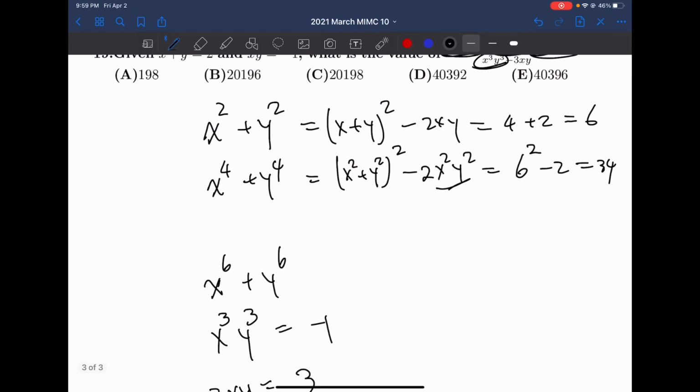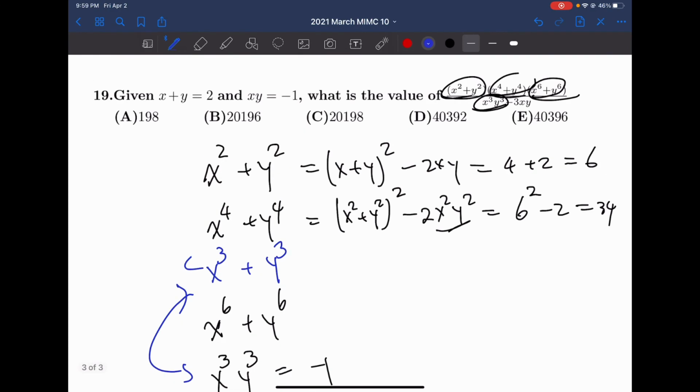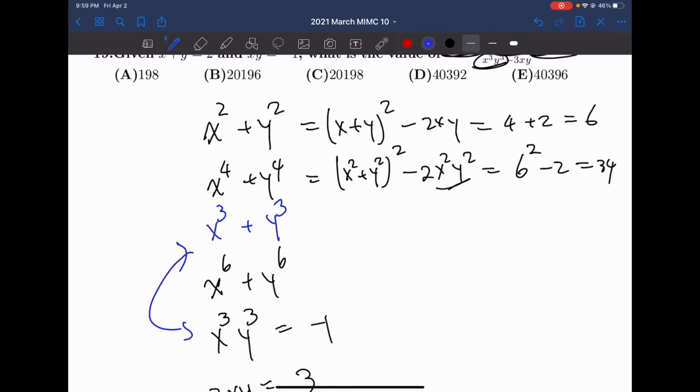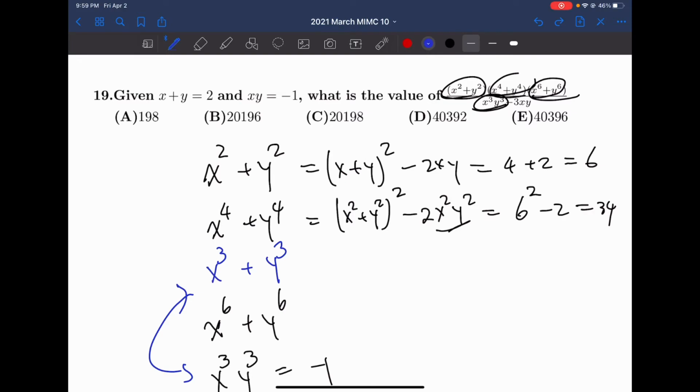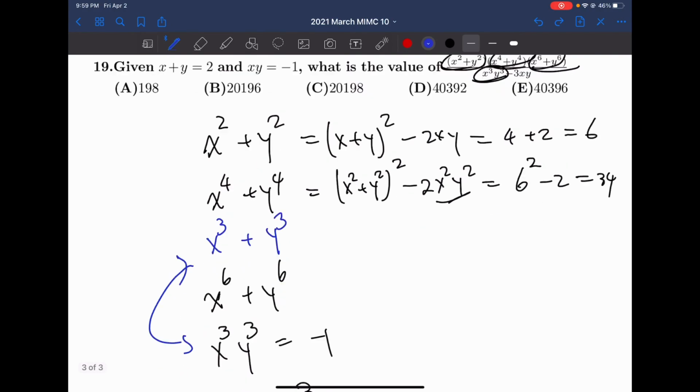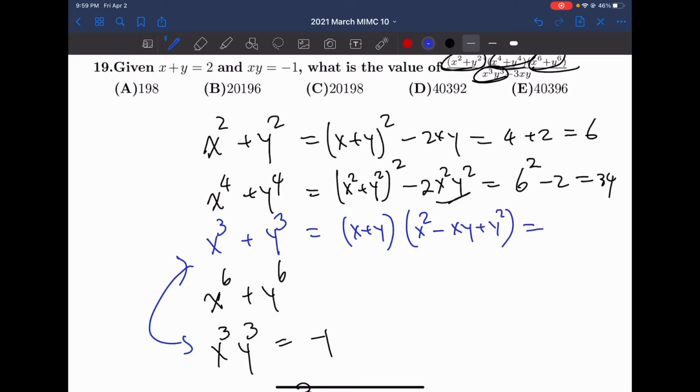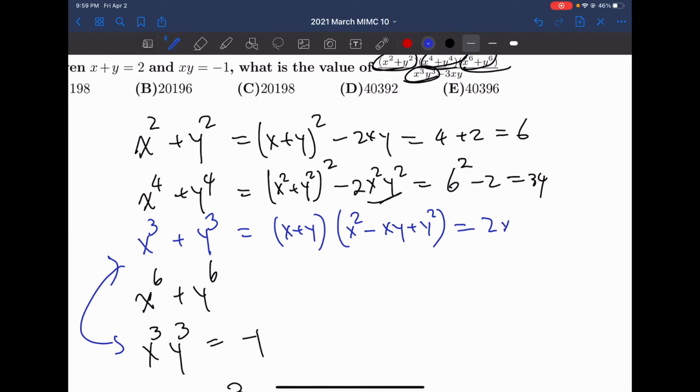And to solve for x sixth plus y sixth, we first need x cubed plus y cubed. Notice that these are different. Do not use this value for this, because that is going to cost you the entire problem. And x cubed plus y cubed would just be x plus y times x squared minus xy plus y squared, or x plus y would be 2 times, that would be 6 minus xy would be plus 1, or 14.